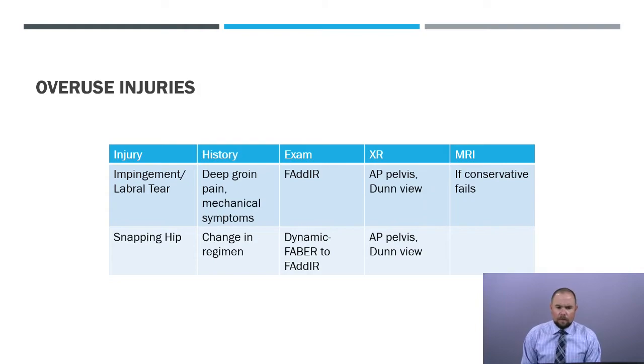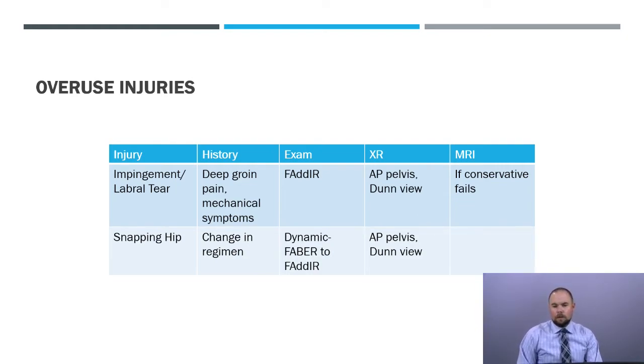The exam will have positive findings as far as that flexion, adduction, internal rotation, as well as the FABER test. And then the x-rays are somewhat important here because you can evaluate for certain anatomical setups that will put patients at risk for developing pain with these issues.